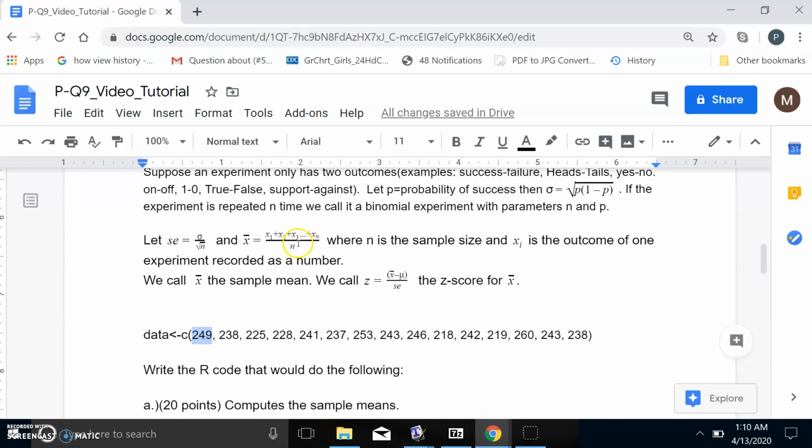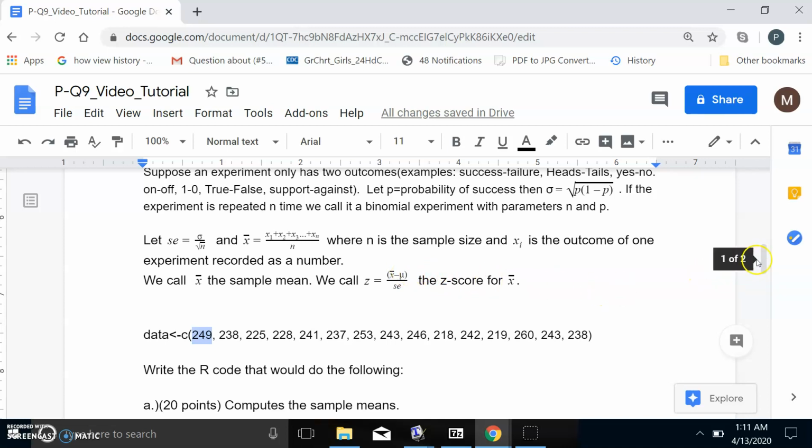We're going to take the average divided by n. So in our case, the n is 400. And x bar is called the sample mean, and we call z equal to x bar minus mu over SE the z-score. So here the mu and p are the same.